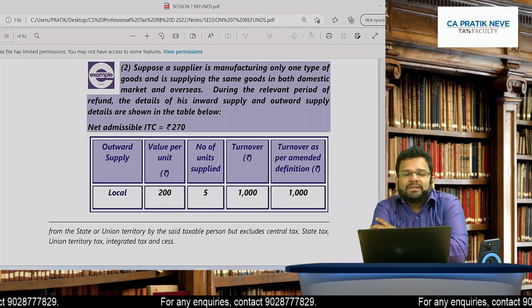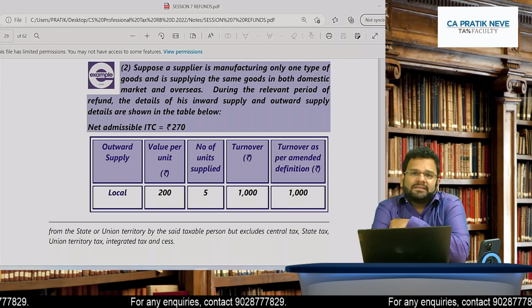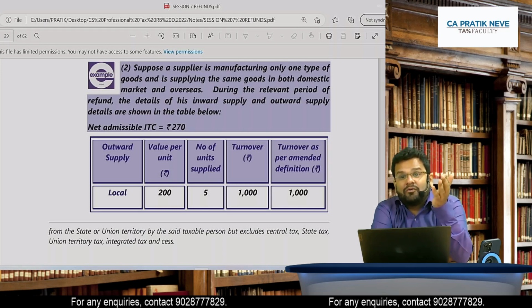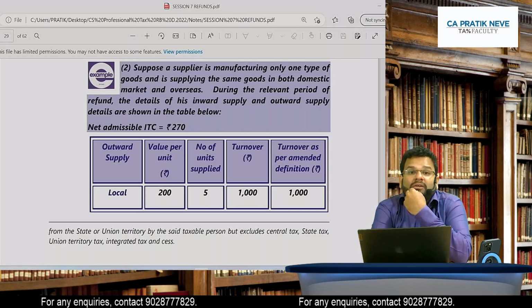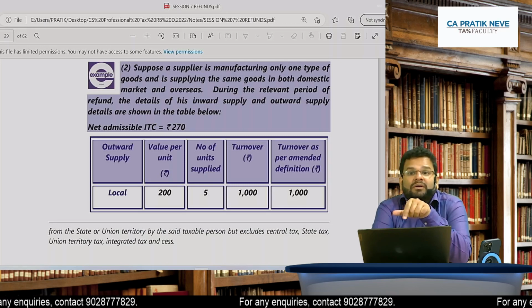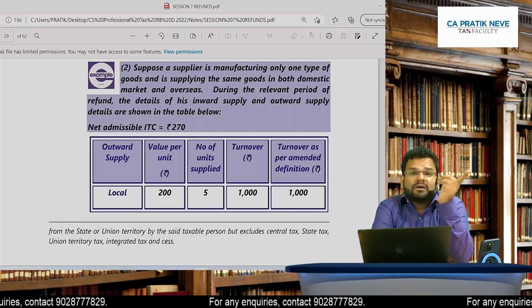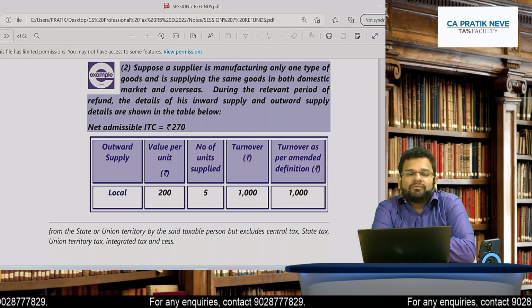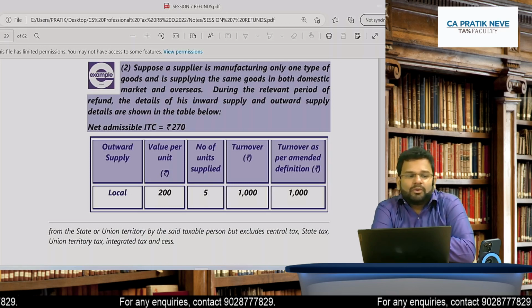So these basic things could be asked in the exam. Apart from that, the highest level of question could be on inverted duty structure calculation, or calculation of refund in case of exports without payment of duty. So that's what we are doing now.